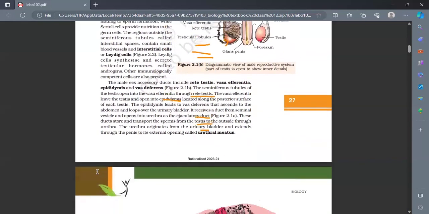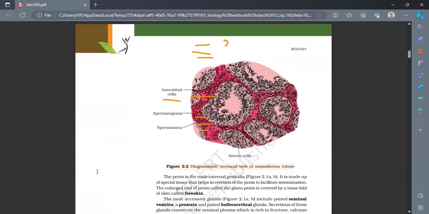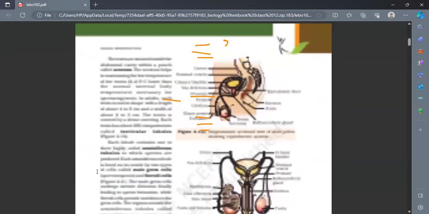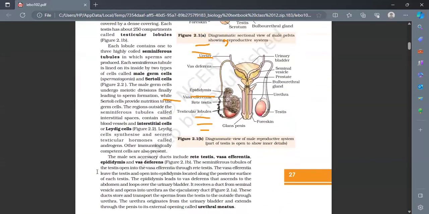Okay, fine. Let us further discuss some glands also that are present. Okay, so along with, if you can see in the same diagram, I'll repeat. From the testes, rete testis, epididymis, you have the vas deferens. It is finally opening into the urinary bladder region. But before it opens there, it meets certain ducts or glands in between, okay.